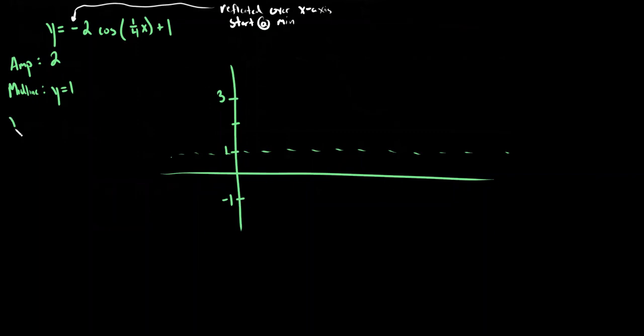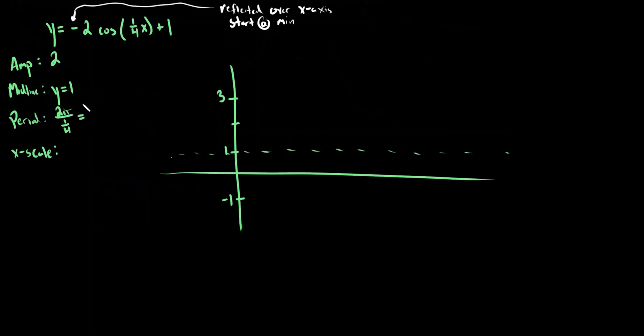Now to figure out the period and the scale for x. The period is always for sine and cosine 2 pi over the absolute value of b, which is 1/4.